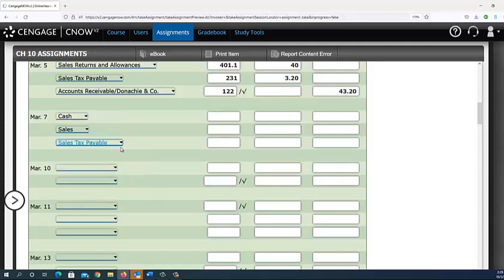Okay, the sales tax payable that we just calculated was $251.20. The amount of merchandise sold was $3,140. So the cash we collected for the cash sales was $3,391.20. Okay, so we'll go ahead and post that.